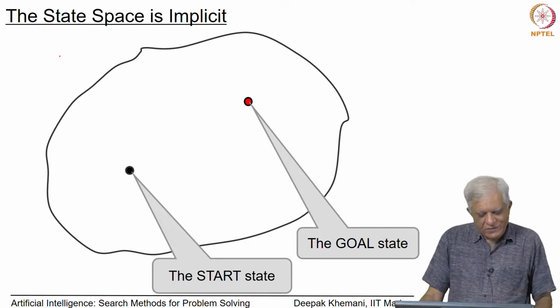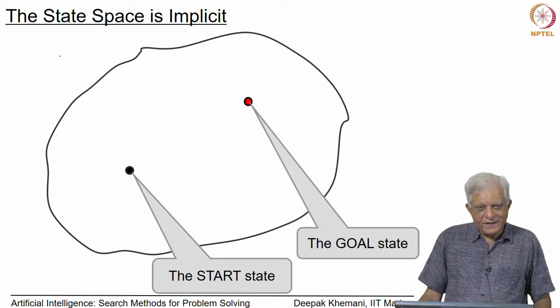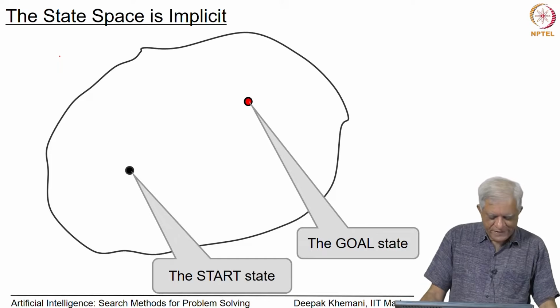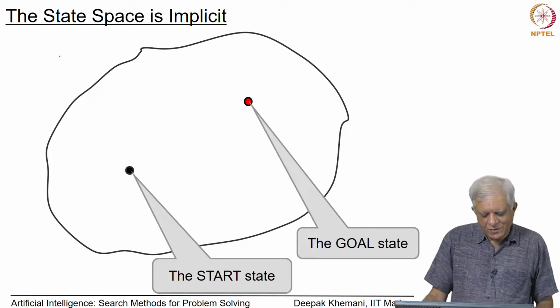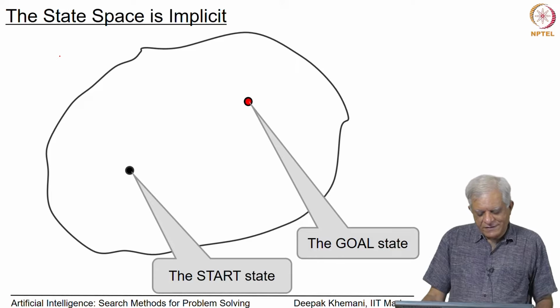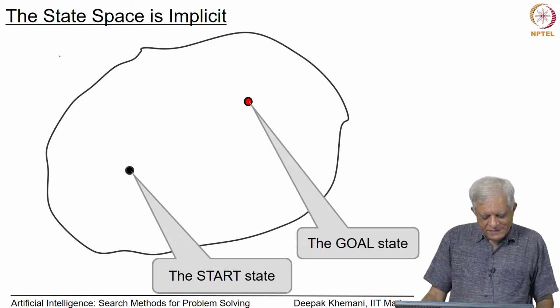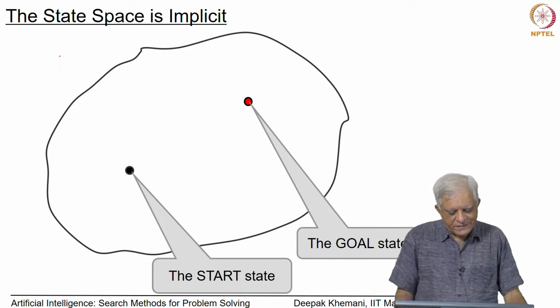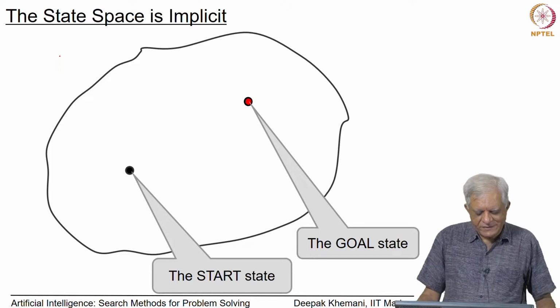What is really given to us is the start state and the goal state essentially. And what we expect from the user is to give us some domain functions which will help us navigate this space, and also help us terminate our process of search essentially.